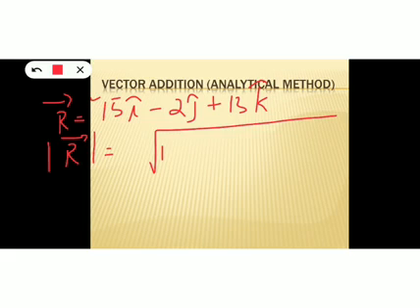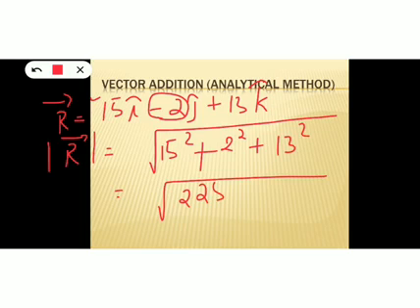The first component's square is 15 squared, plus the second component, and even if we take the square of a negative sign, you will get a positive, so 2 squared, plus 13 squared, equal to the square root of 225 plus 4 plus 169. Just add it and find the square root of the expression obtained. Then you will get the magnitude of the resultant vector. The magnitude of any vector can be obtained by following the same procedure.